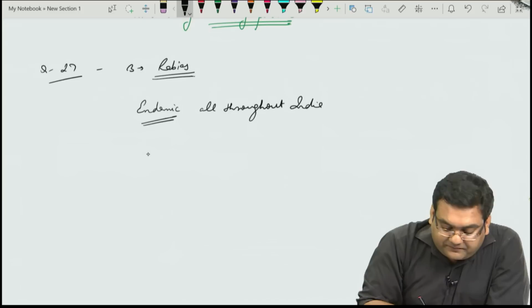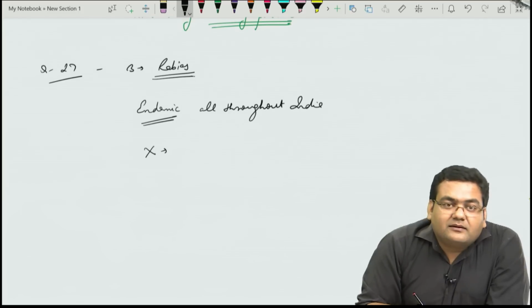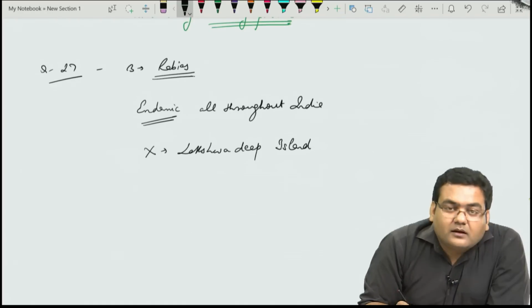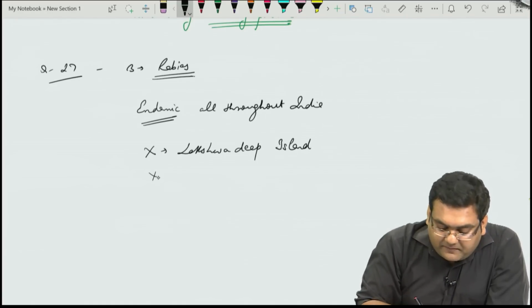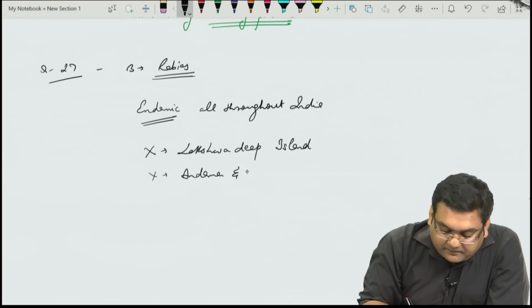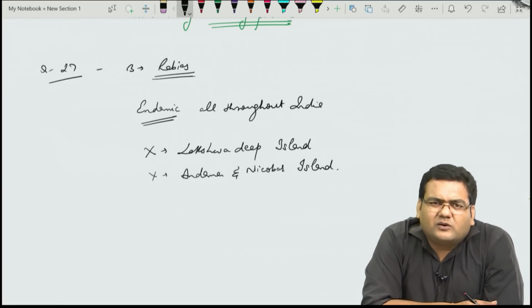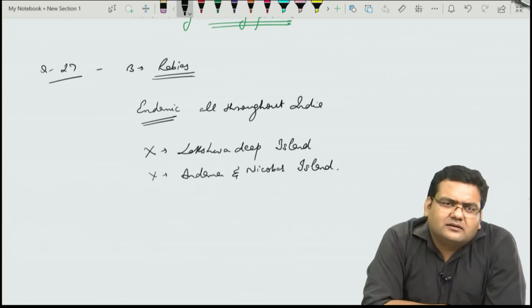But rabies is not present in Lakshadweep Island and Andaman and Nicobar Island. It's a factual question. No need for any further explanation, just remember it.